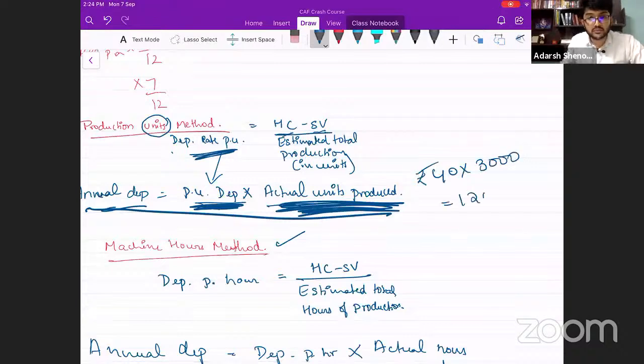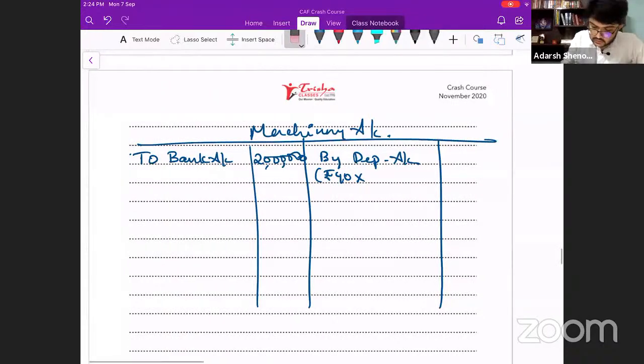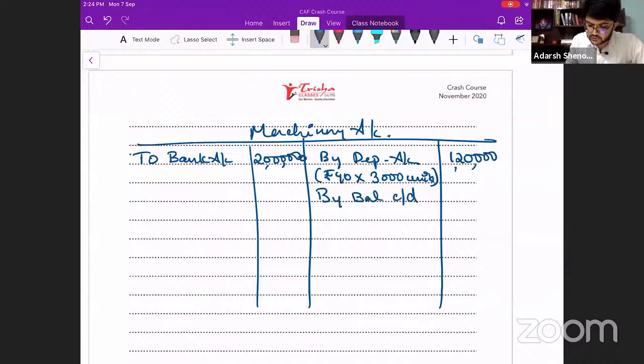That is equal to 1,20,000 rupees, the depreciation for the first year. I hope you are understanding this. Can you tell me the book value? What is the book value of this asset at the end of the first year?